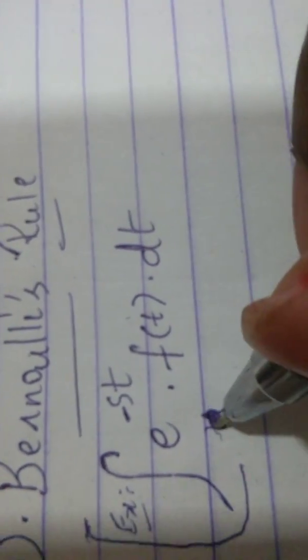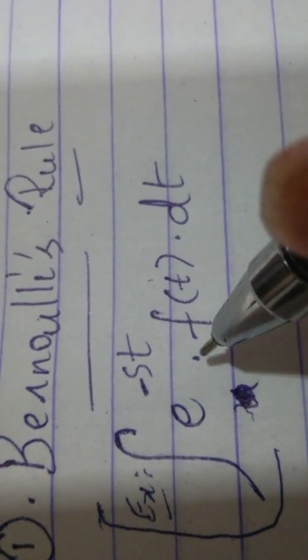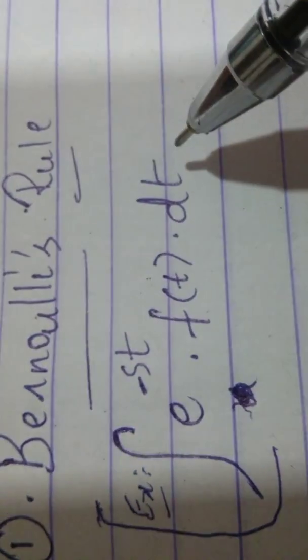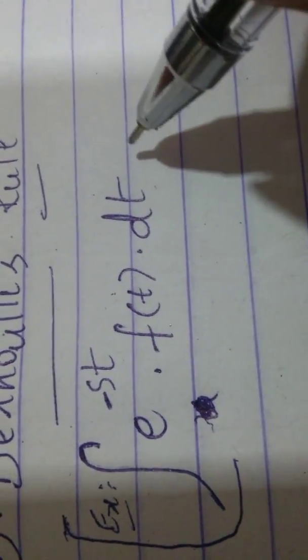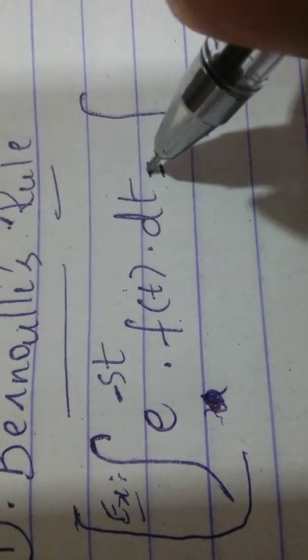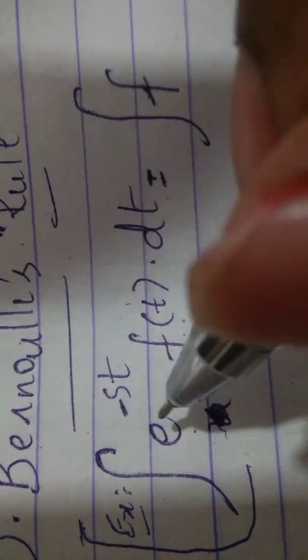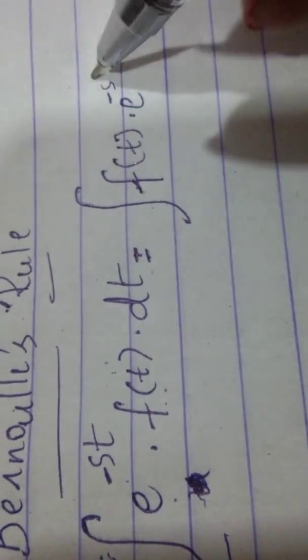Now we must remember one important thing, my dear friends. You will come across e to the power of minus st into f of t dt, but you must amplify it a little bit like this: integral of f of t into e to the power of minus st into dt.